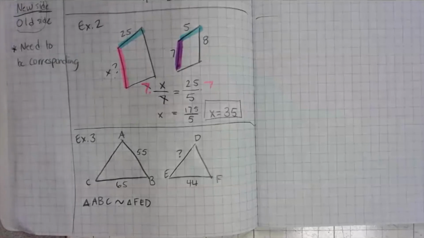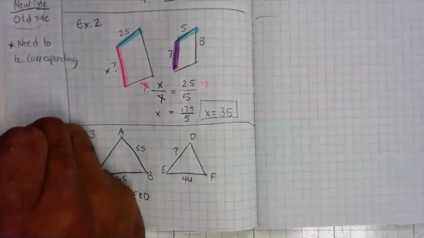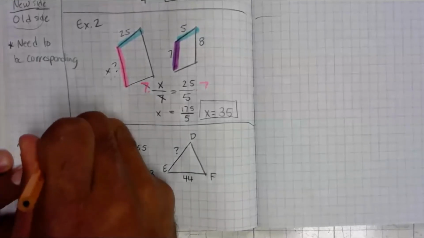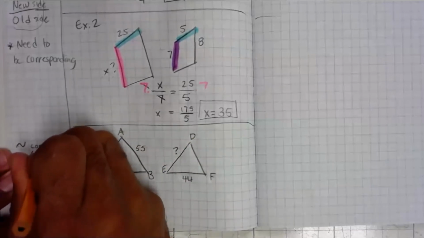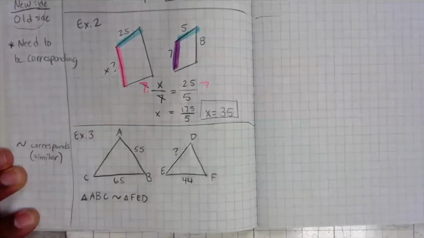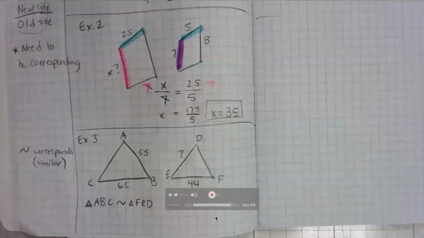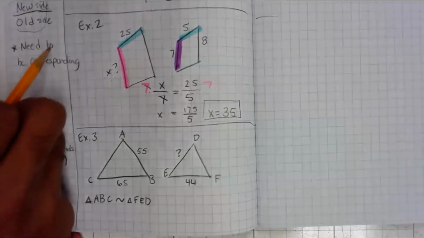So I'm going to put that over here. This symbol right here means corresponds or is similar. Okay. You need this congruent statement to figure out which sides are corresponding.